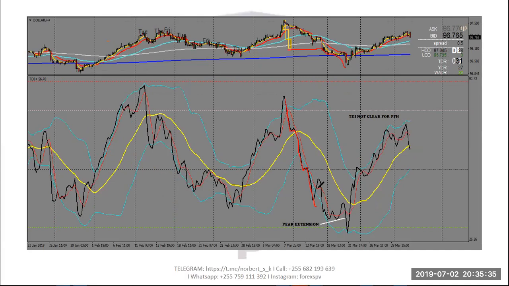So also on the TDI, you'll see a peak extension here. And the RSI price line would go further down or further up. So those are basically the uses of the TDI, and we only use it on our 4-hour time frame.